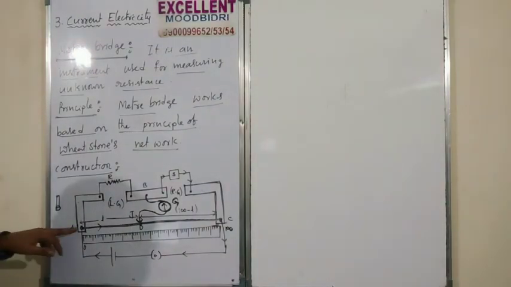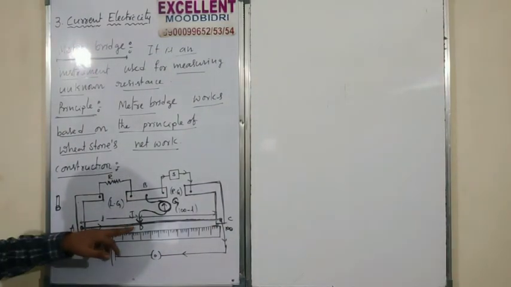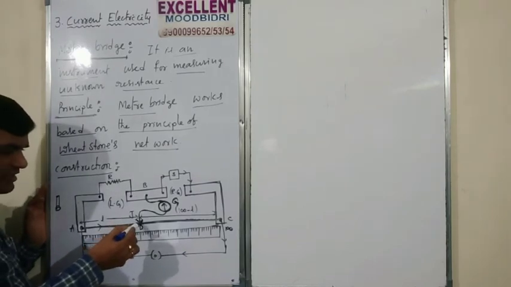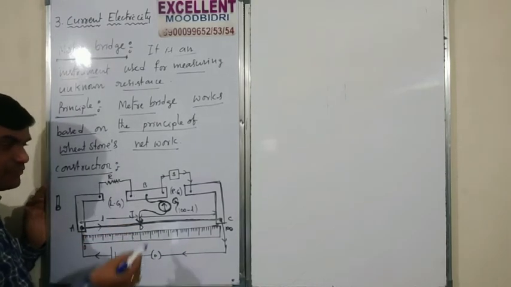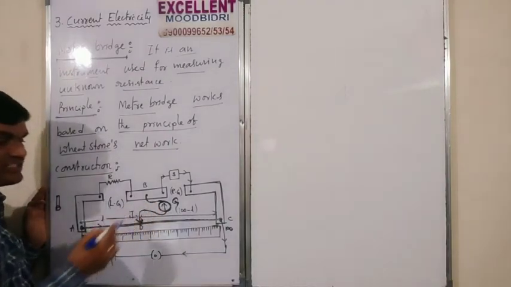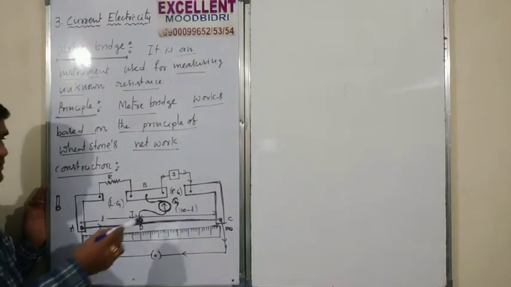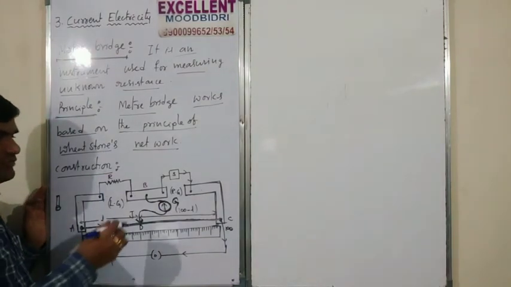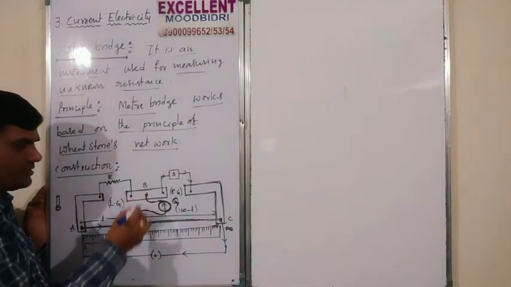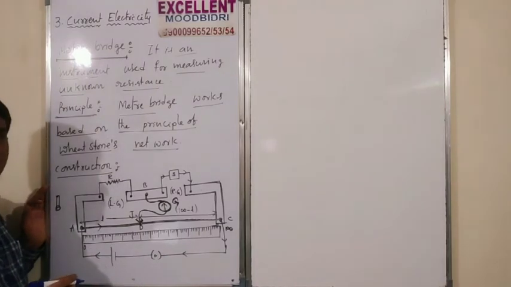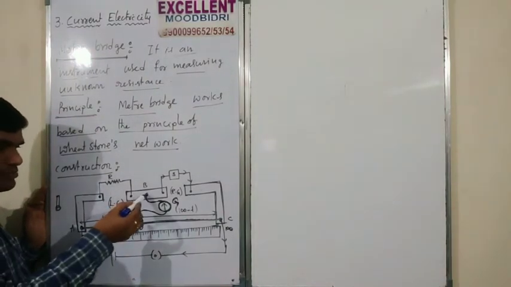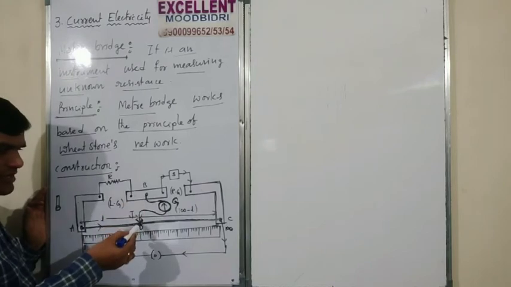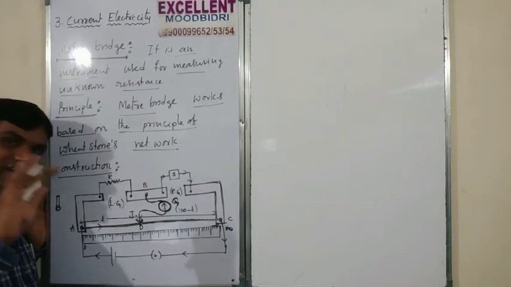Right, so we have to find the value of the unknown resistance. If I keep the jockey here, we will identify zero deflection, a null deflection. Why will zero deflection come? As I told already, at point B and point D the potential is the same.